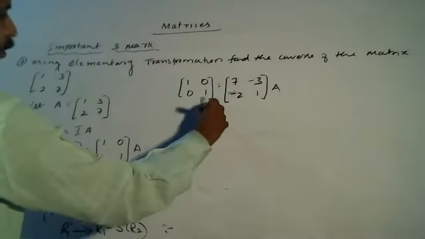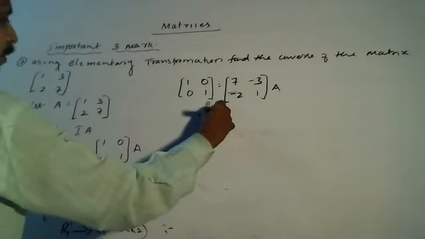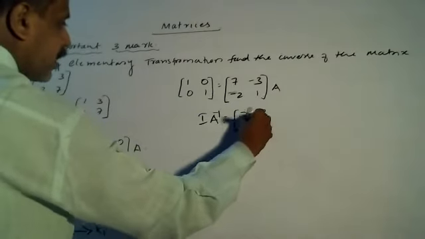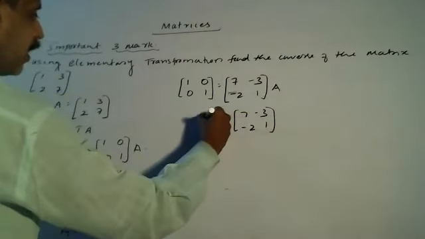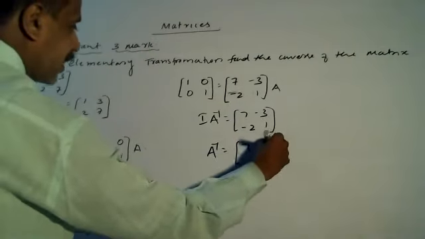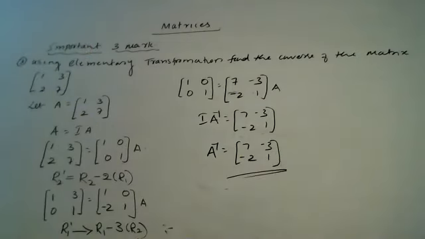This is nothing but the identity matrix. A will come this side, then it will become inverse. A inverse is 7 minus 3 minus 2 1, the inverse of the matrix.